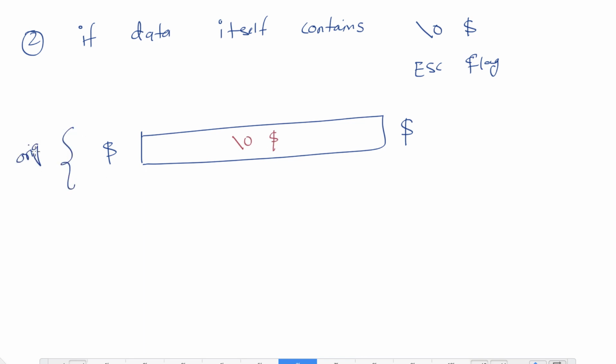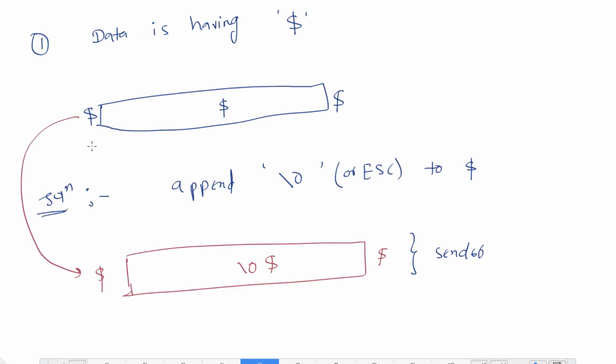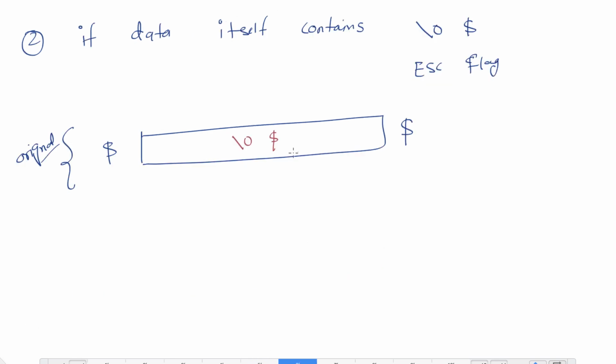Earlier the original data was just having dollar, and after stuffing this becomes this. Now the original data itself is having this. If you send this original data as it is, what will happen? The receiver will think that this ESC character has been added by you, so it will remove it, and the receiver will only read this dollar as data. It will not read \0 as data, which is a part of the data.